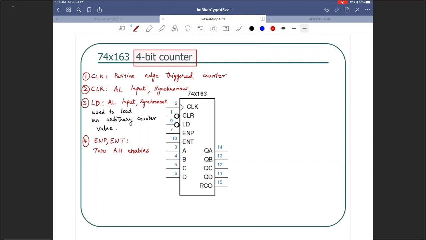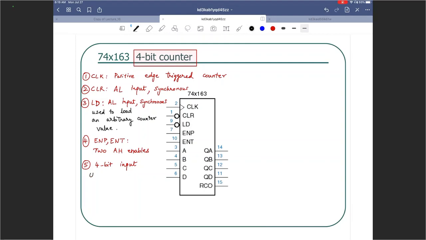Next, 5 is your 4-bit data input. So those pins A, B, C, D, with A being the least significant and D being the most significant, are just used to load whatever the user wants into the counter, right?